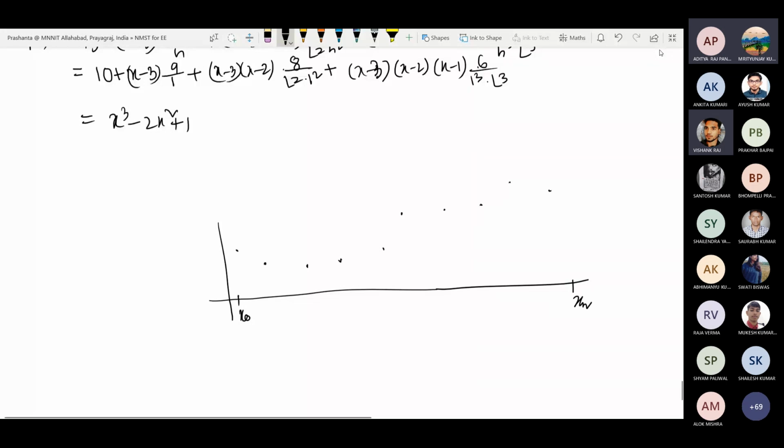If I ask you, tell me what will be the output at this particular point xp, the first few data points will have no effect or very little effect on the output at x equals xp, isn't it? These data points will have a very small effect on the output at x equals xp.